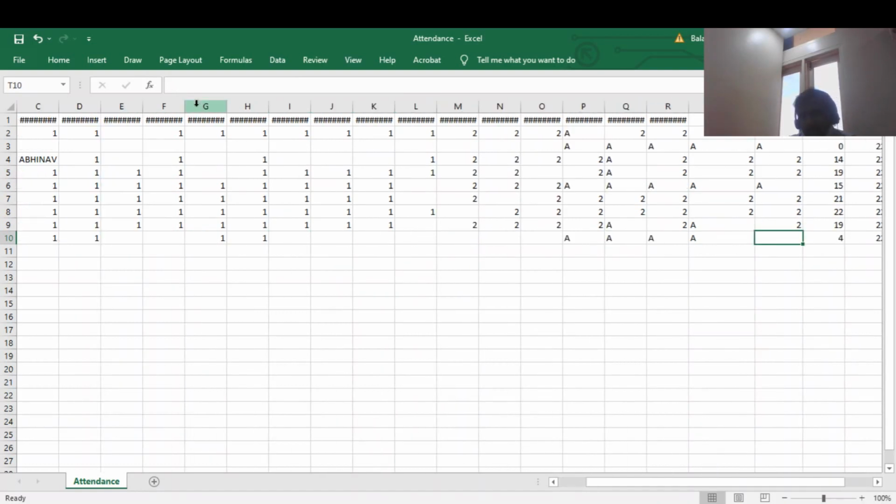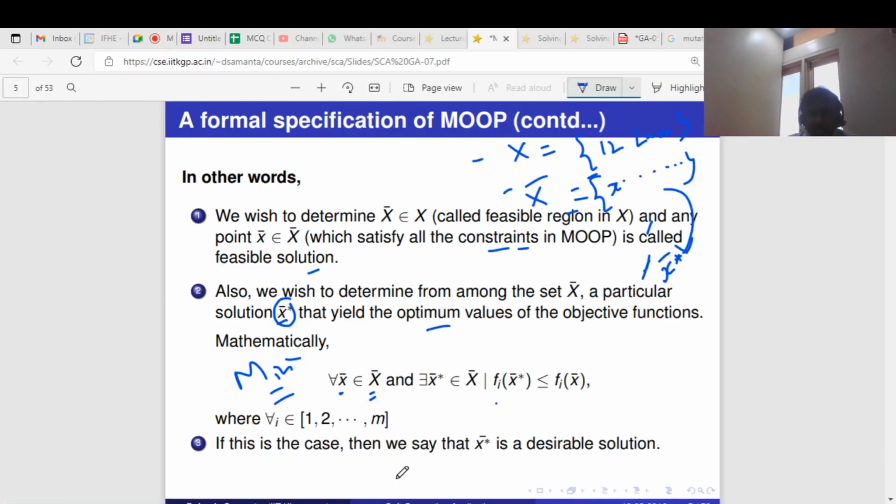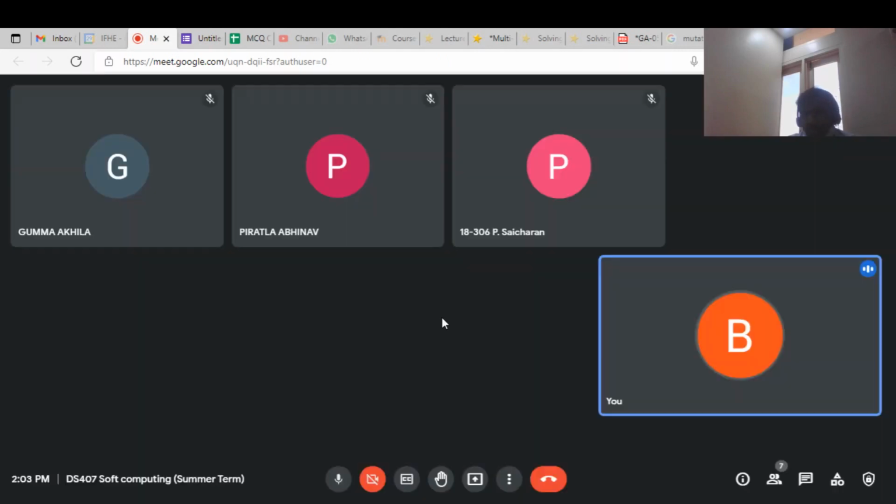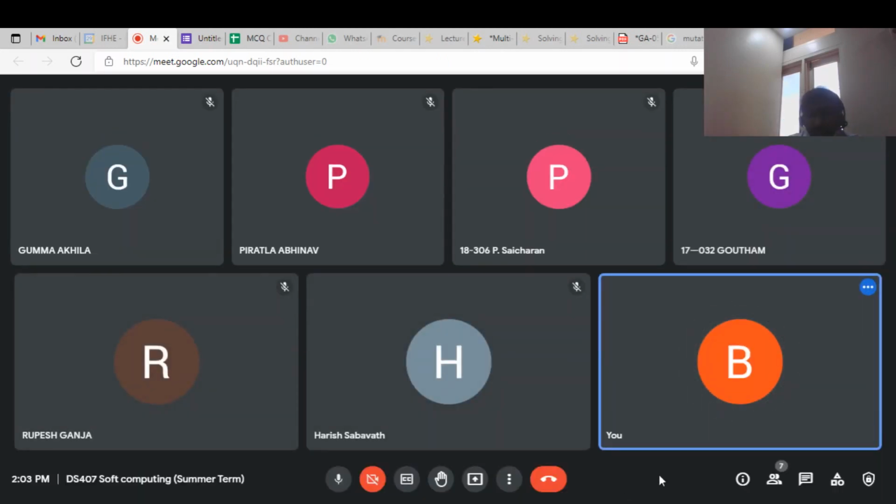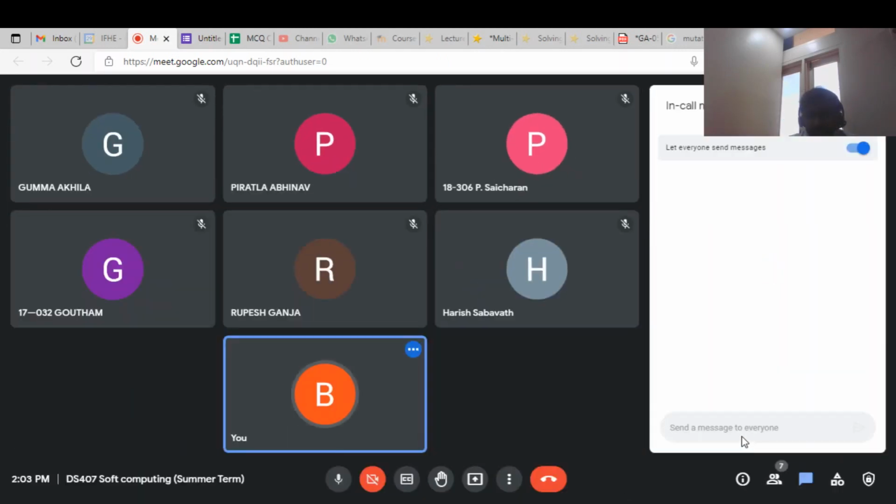No, I have to mark absent only, right? I think everybody is aware, right? So that attendance only I am considering. This is just for recalling.